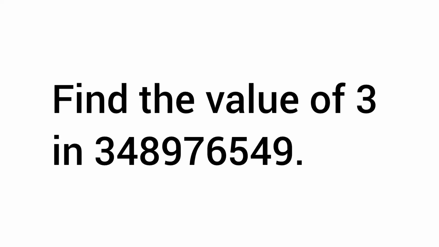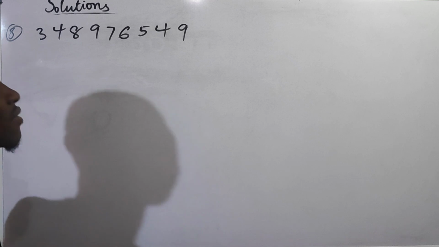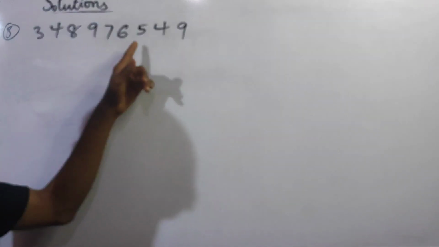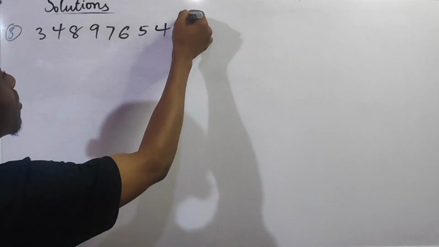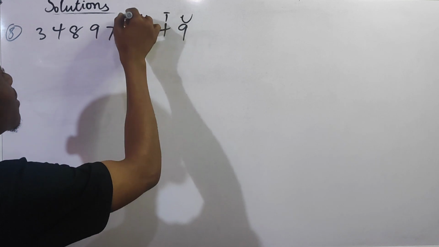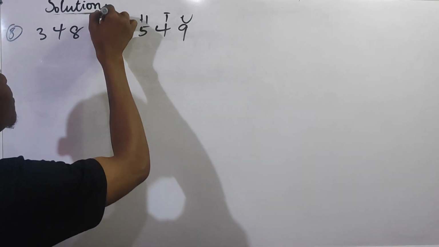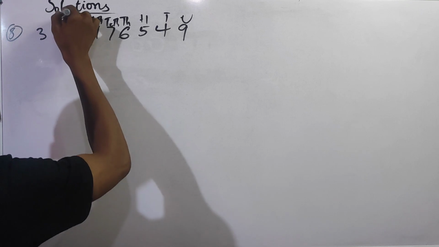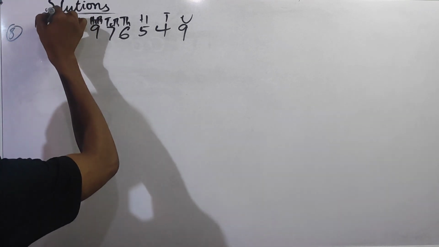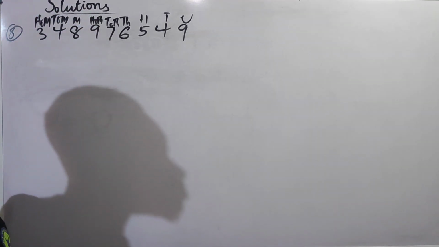The next question. Find the value of 3 in 348,976,549. Unit, tens, hundred, thousand, tens of thousand, hundreds of thousand, million, tens of million, hundreds of millions. Now 3 is under hundreds of millions.